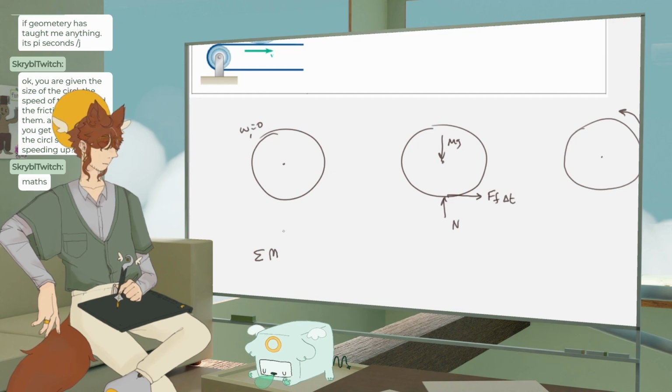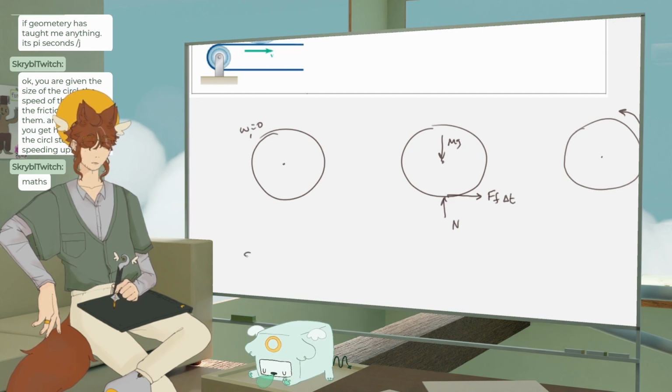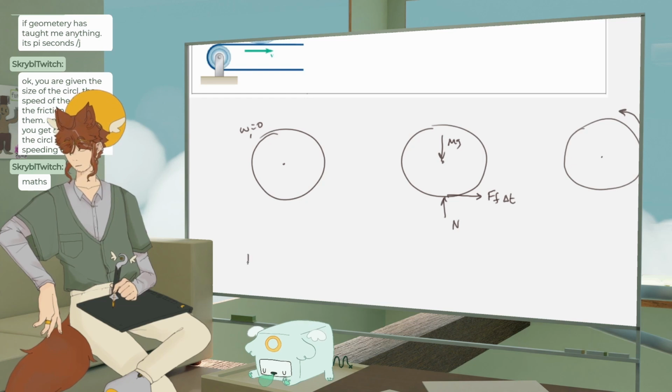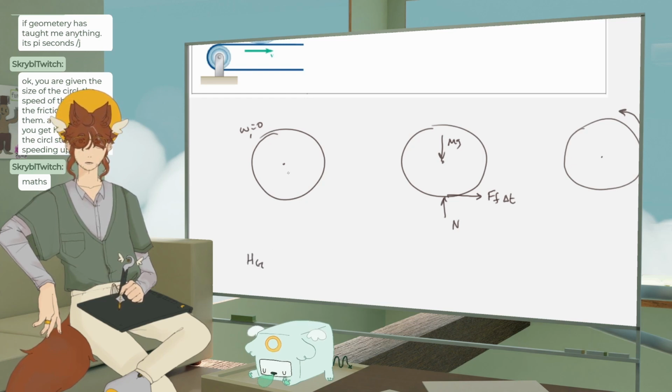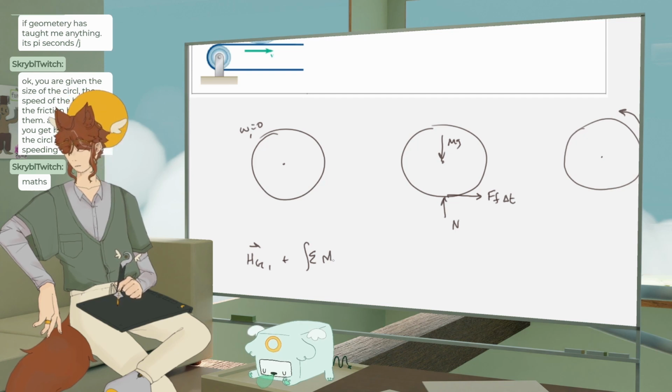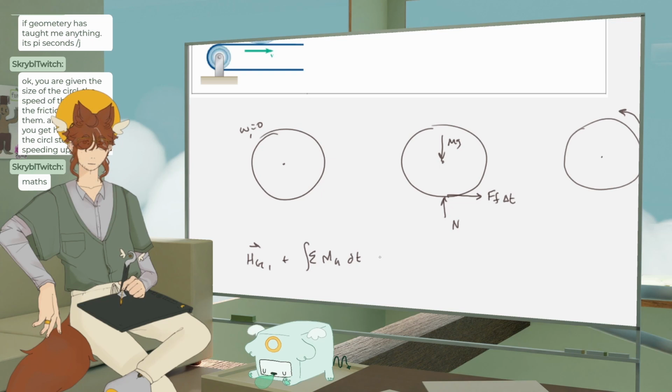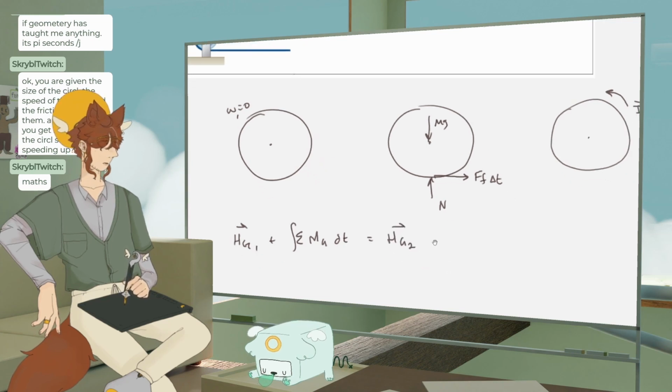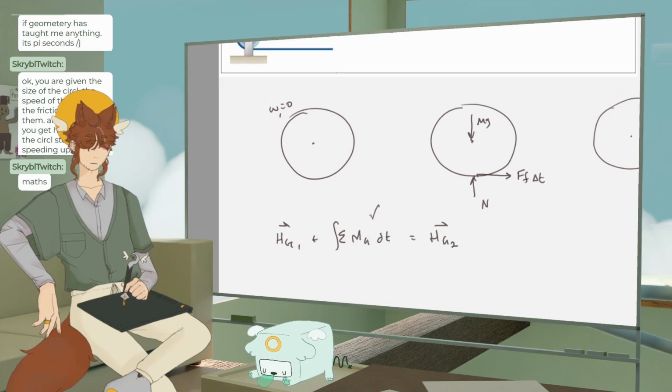It's not definitely wrong, because if I do the sum of angular momentum, that would be h, let's say about the centroid. So if we sum hg1 plus the integral of the moments about g dt equals all of our angular momentum after, so we're just saying that it's conserved if you count the forces. Well, I guess it's not conserved, we're just including all that stuff.